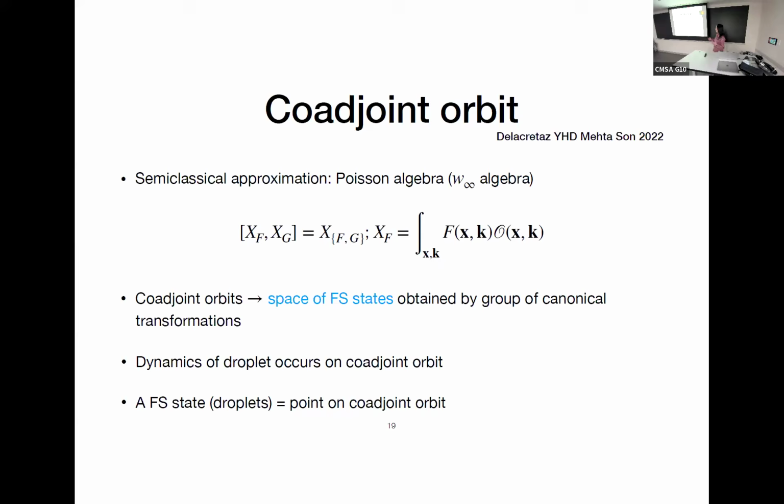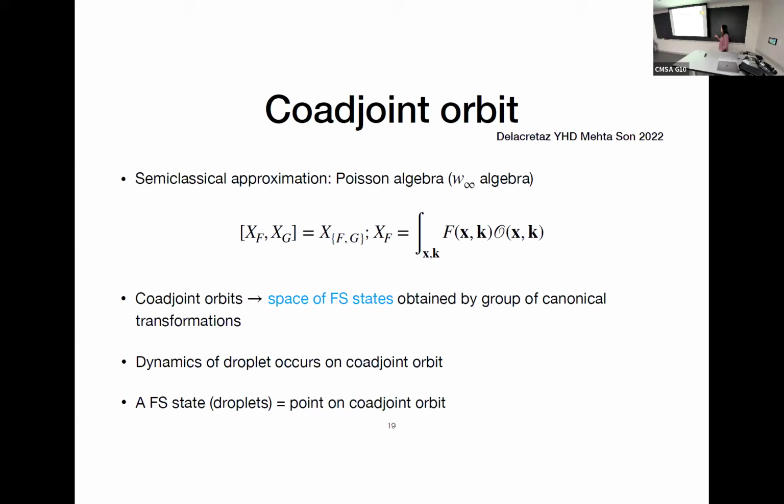So how can we talk about this coadjoint orbit in a hand-waving way? The coadjoint orbit gives us the space of possible Fermi surface states. By choosing the initial configuration of one possible Fermi surface state, we can think about all the possible canonical transformations.